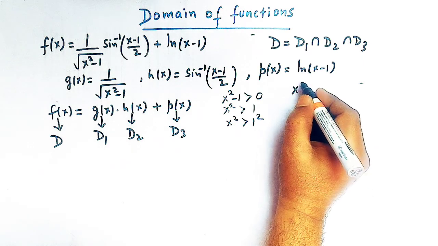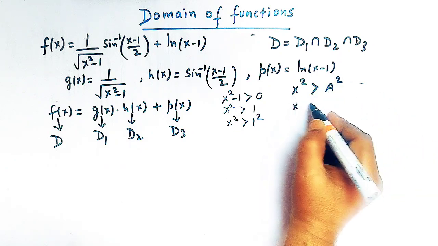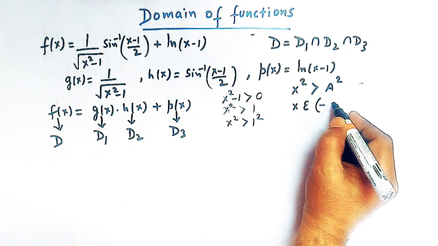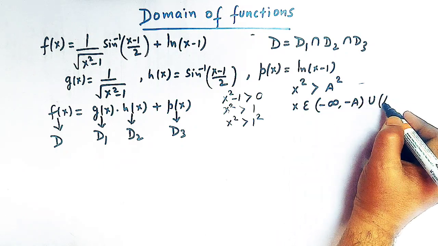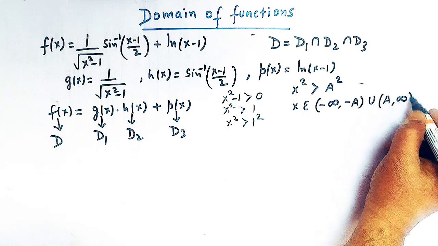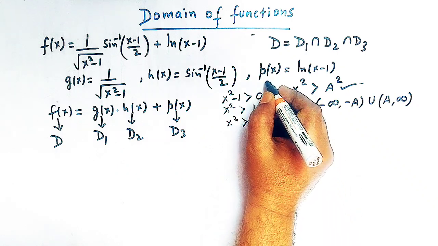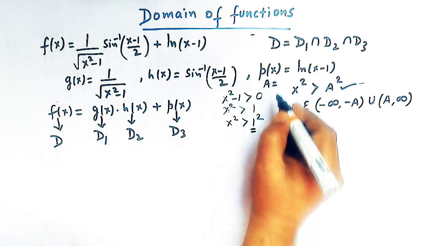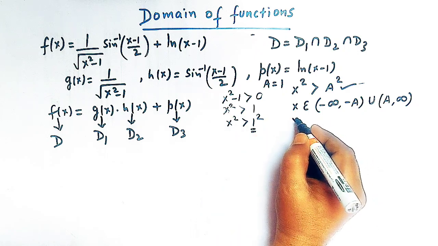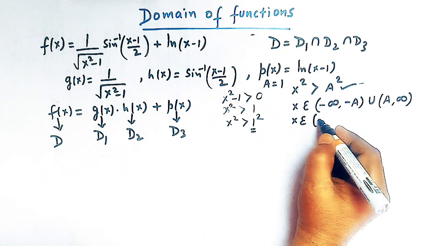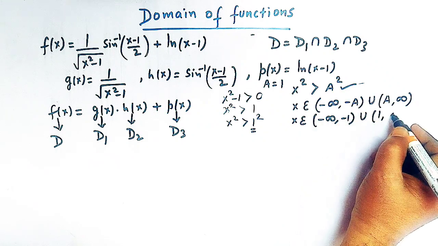If we have say x square greater than a square, then the value of x belongs to this interval, that is minus infinity to minus a union a to infinity, right? And if we compare this inequality with this one, then the value of a is 1, right? So the solution of this inequality is given by minus infinity to minus 1 union 1 to infinity.